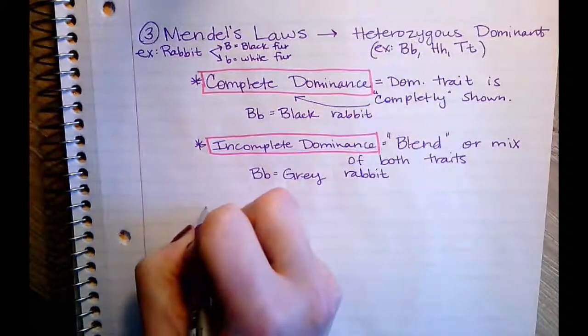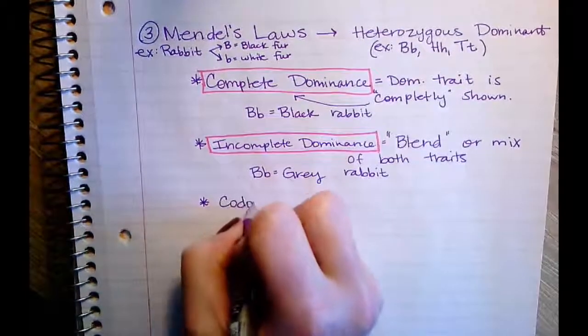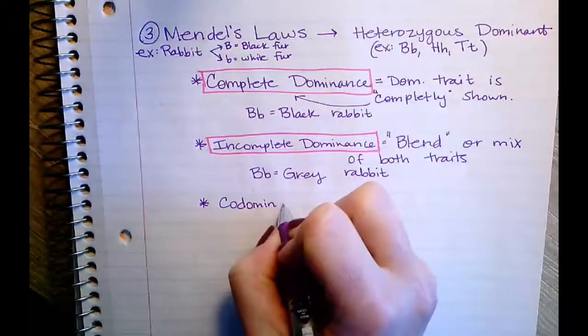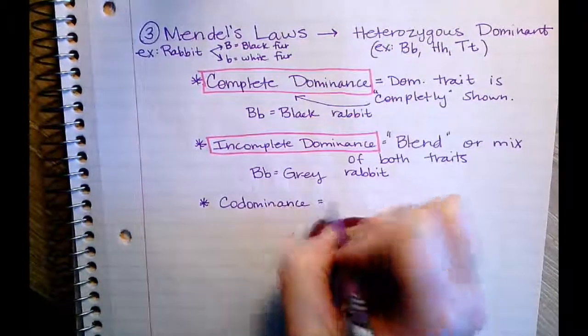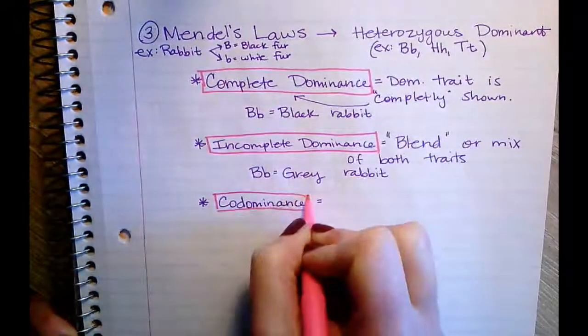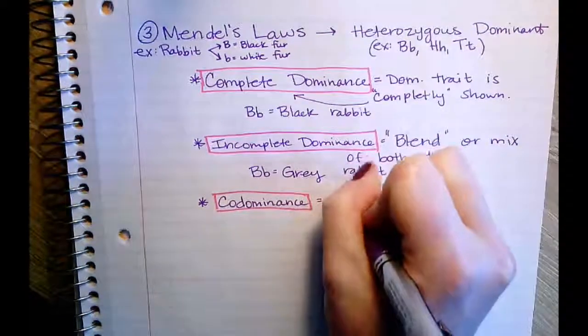The third one is what we call co-dominance. Co-dominance is when you see both.